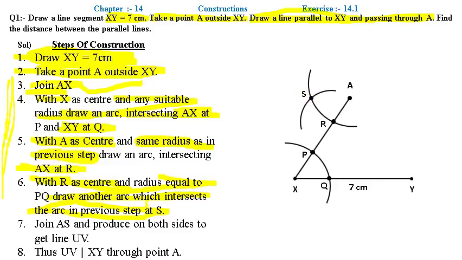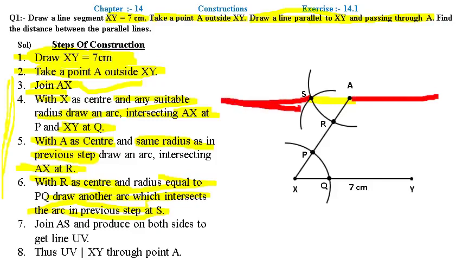Okay, now moving on. What we have to do next is join AS. So this is A and this is S. We have to join these two points A and S. So it is like this. A and S is joined. Then produce on both sides. That means this line should be produced on this side as well as on this side.